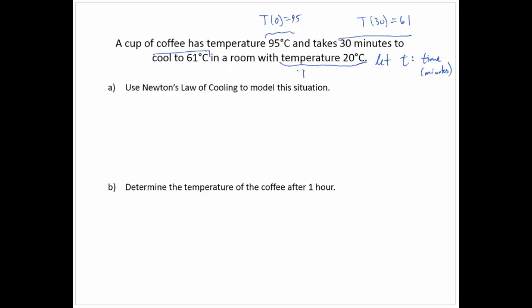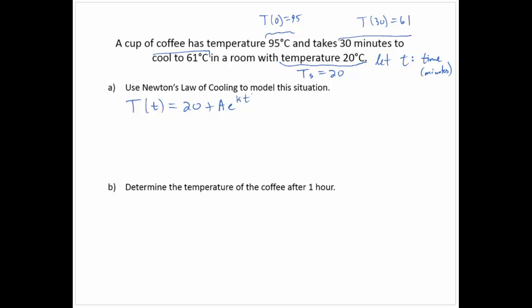So that means that the surrounding temperature, T sub S, is equal to 20. So I can write now that the temperature at time t is equal to 20 plus some constant A, e to the kt. That's my general model. I have to figure out the value of A, and I have to figure out the value of k.